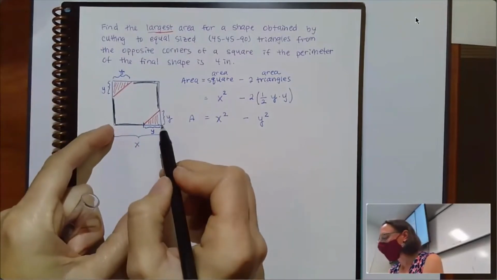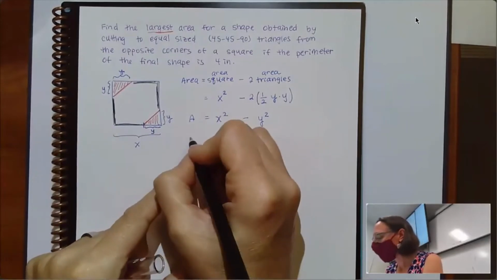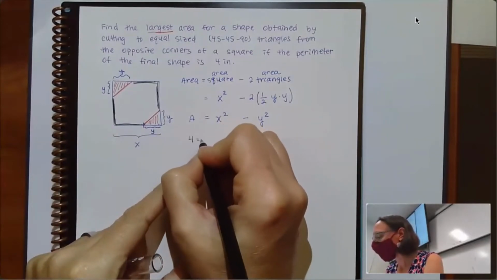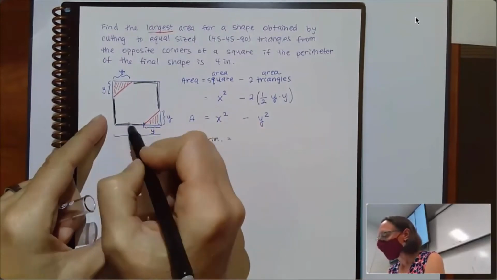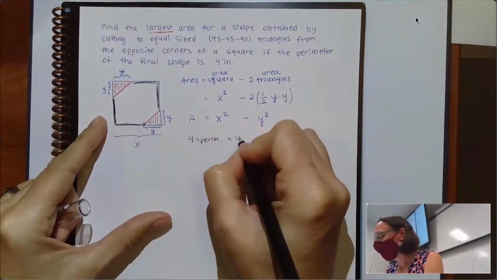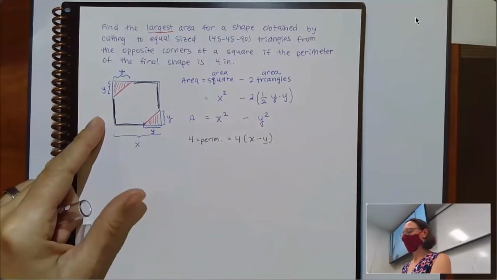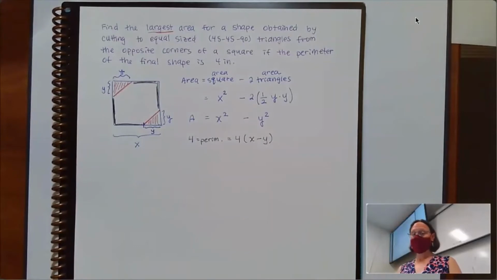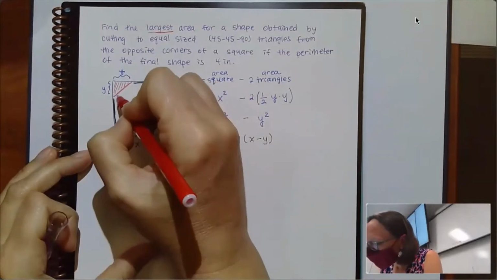It should be x minus the y we cut off. So in terms of our perimeter, I know these sides, I'd have 4 of them, and it would be x minus the y we cut off. Then I've also got these diagonal bits.